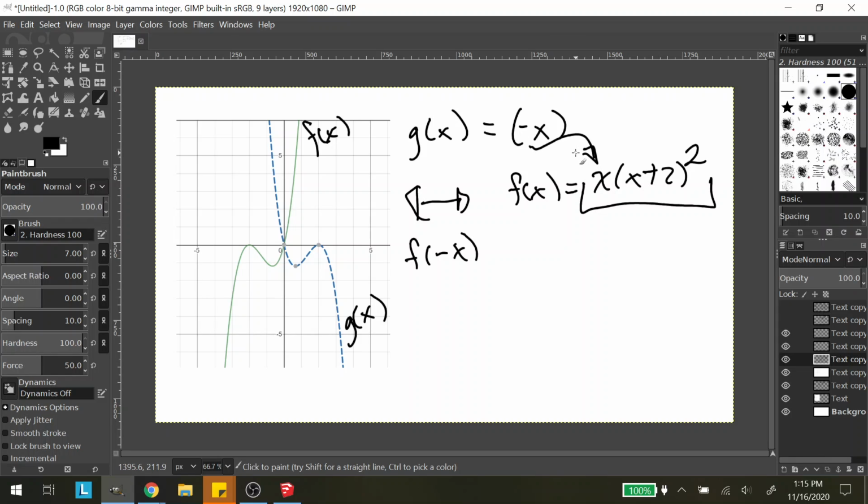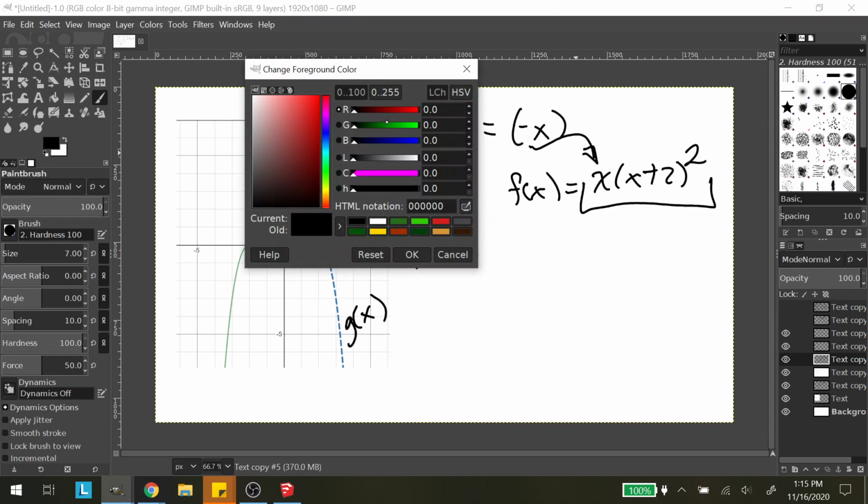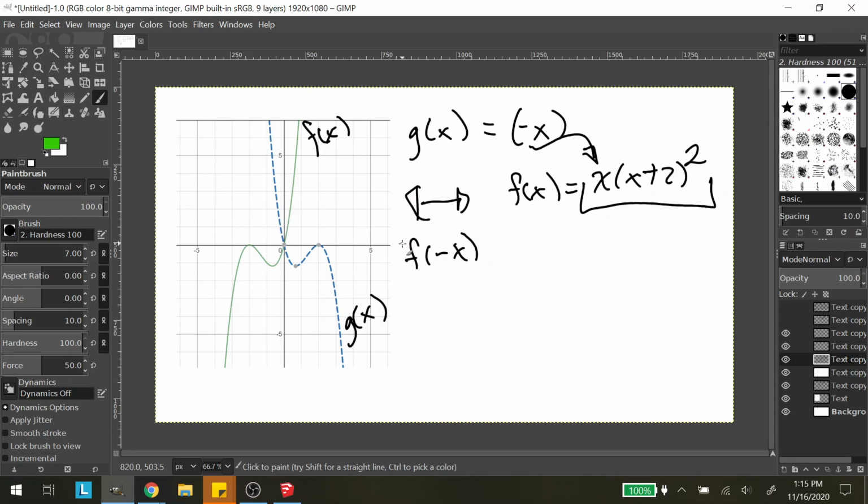And what that means is, let me get a color. I like green. Everywhere there's an x, I'm really going to think of it as parentheses. And now I'm going to just plug in a negative x every single place.